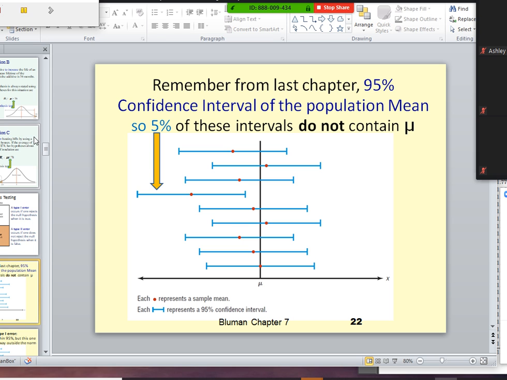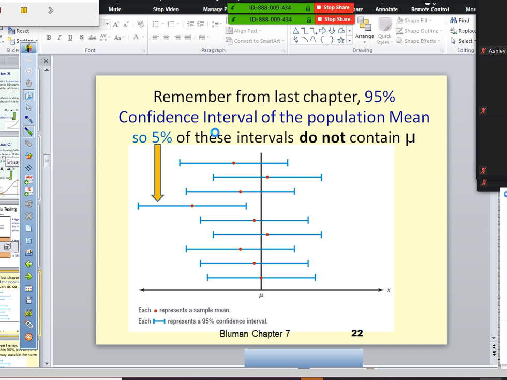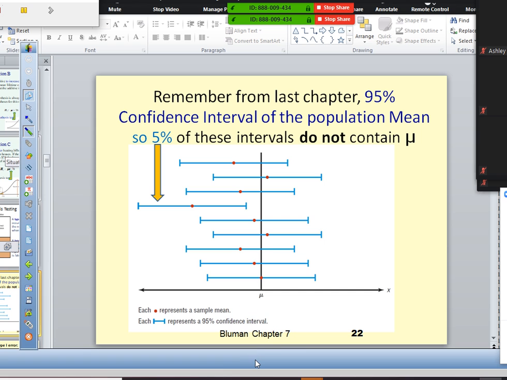Let me just further demonstrate that type 1 error. Remember, we did this from some previous chapter. We took a bunch of samples, right? These are all just different samples, and most of them are pretty close to the real mean. But maybe you got this sample way out here, and you didn't realize that it's an unusual sample. And you said, oh, I got something way over here.